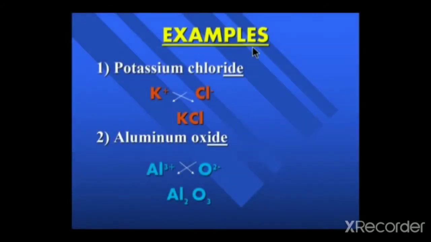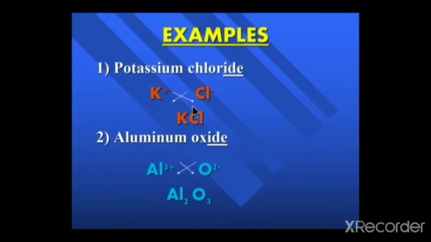Next, examples. How to derive the chemical formula. The first one is potassium chloride. Here you can see the steps have been followed one by one. Number 1, we have written the positive part on the left side and the negative part on the right side. Secondly, valencies are put at the top right corners of the symbols.